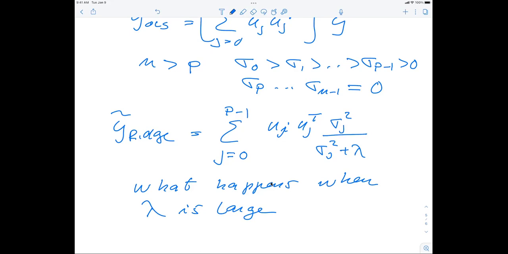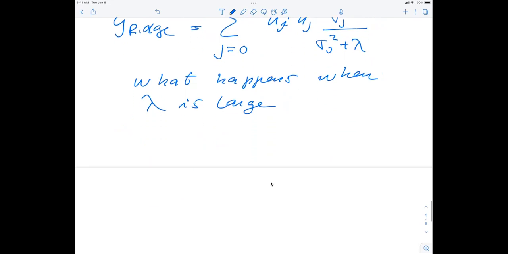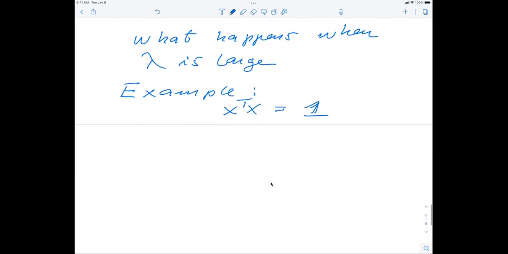So let's take a look at a small example here. One thing we could do now, a simple example, is to make the matrix we want to invert into the diagonal matrix, or the unit matrix.